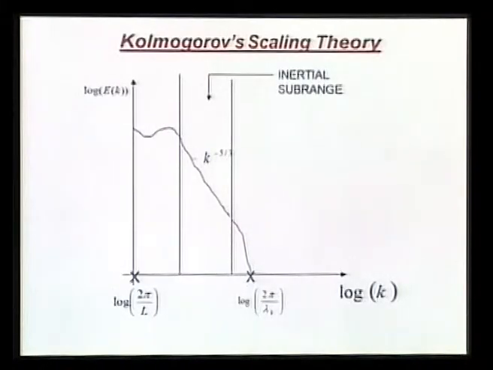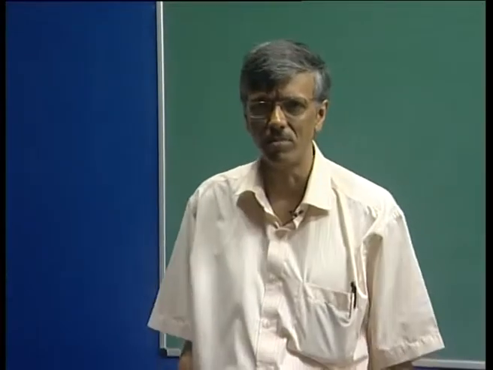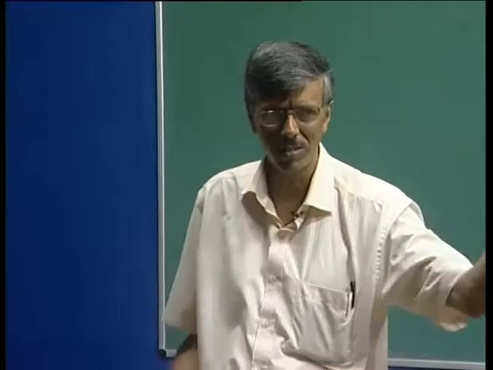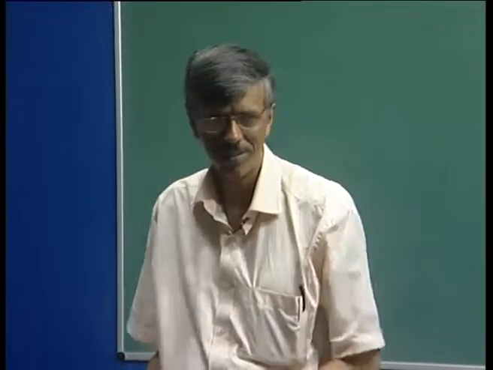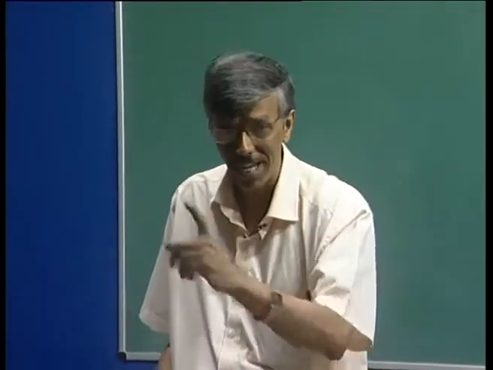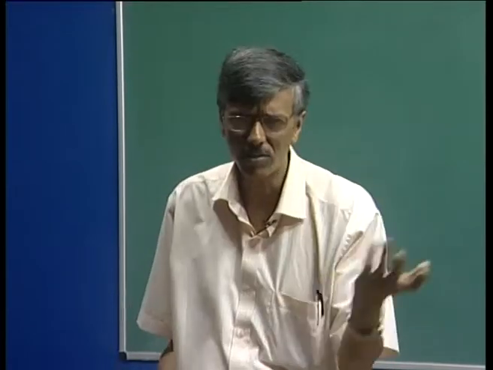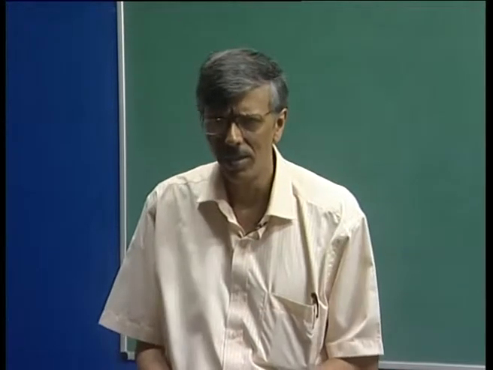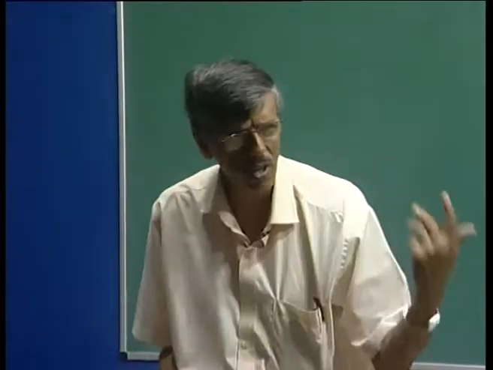Think of nothing better than, say, our weather system. The largest length scale that you can think of is the periphery, if you circumnavigate the whole world. It is 2 pi into 6,000 or something, so it works out to about 24,000 kilometers.